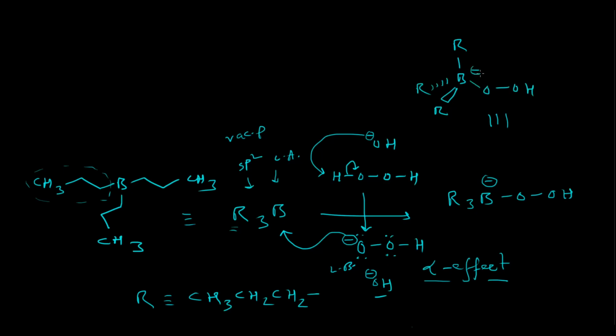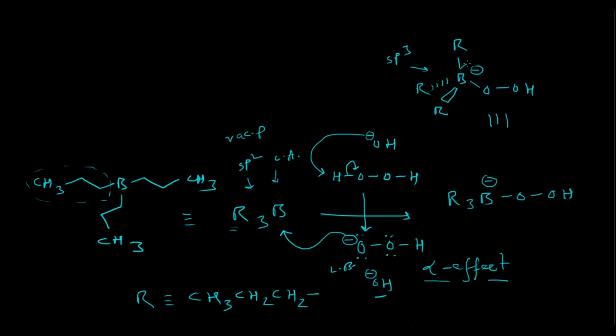We can see that the central boron atom possesses a negative charge and the hybridization state has changed to sp3. Since this boron atom possesses a negative charge, it will try to undergo a rearrangement to go back to its initial sp2 hybridization state.